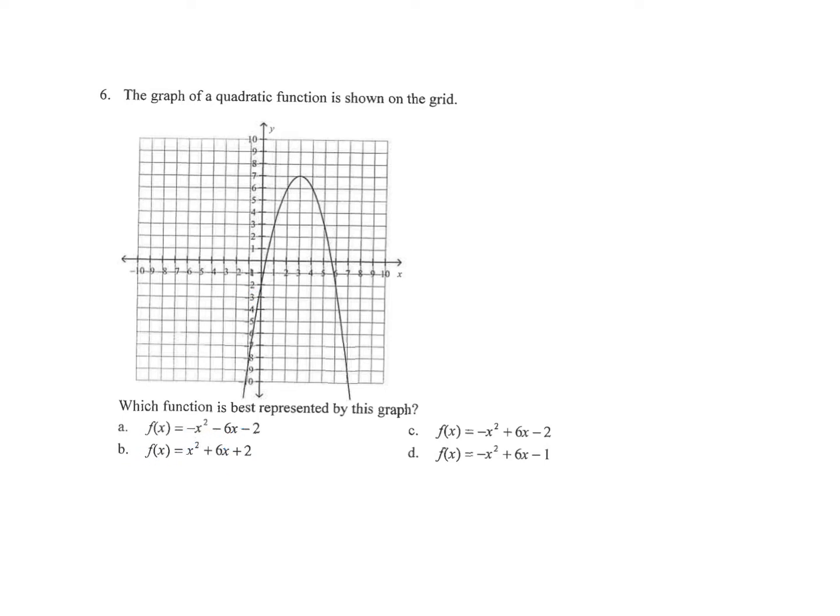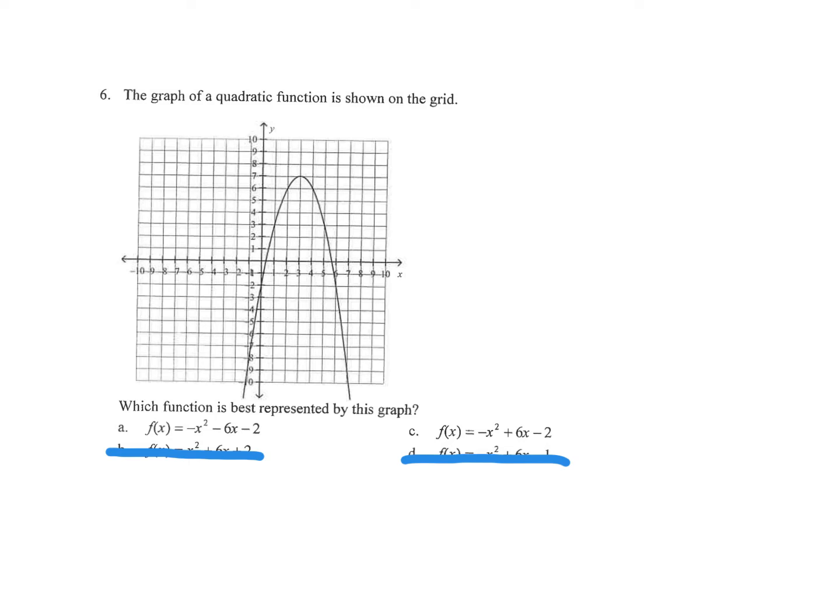B is definitely out, so we could mark through B. And then we could also mark through this -1 for D, so we could mark through D as well. Those are not possible. At this point, you could consider graphing A and C and seeing which one is going to give you this graph.